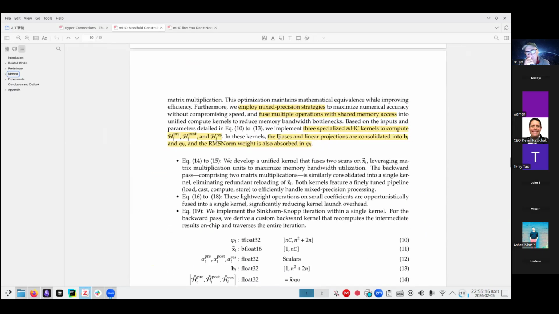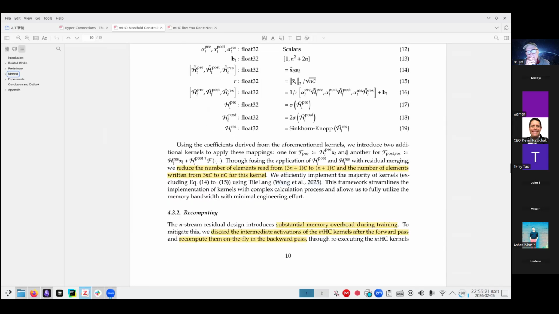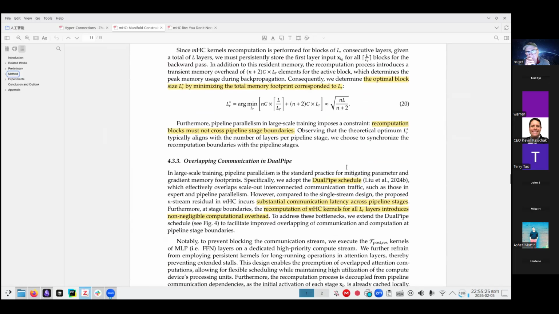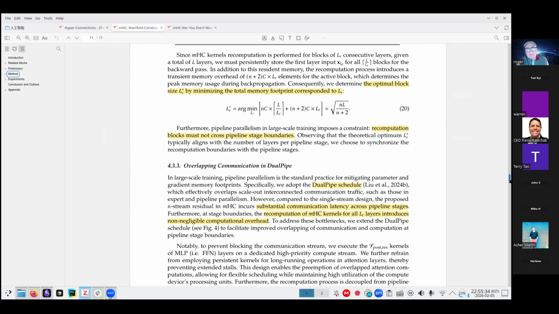Here they talked about the details of that. I'm just going to skip that. I didn't really look into much detail.